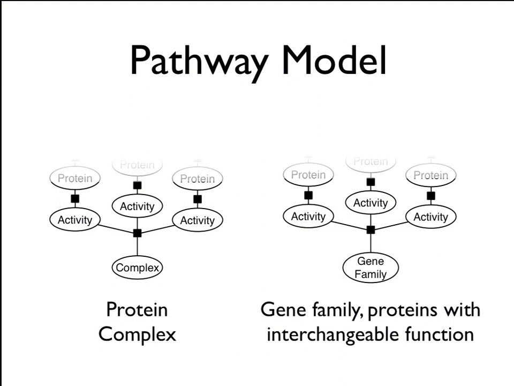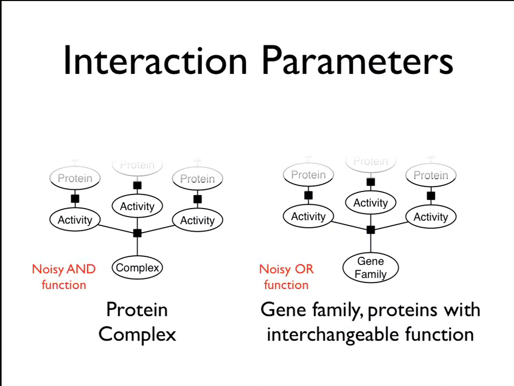Similarly, gene families are often annotated in a pathway, where you have many different genes which have nearly identical function, and any one of them will be able to provide that function. So the topologies of these two are identical. What's different are the little black boxes, the factors. And we're modeling parameters for these factors in two different ways. For a protein complex, we have an AND function, so we need all of the components of the complex for the complex to function. And for a gene family, we have a noisy OR function, so any one of the input genes is enough for the gene family to function.